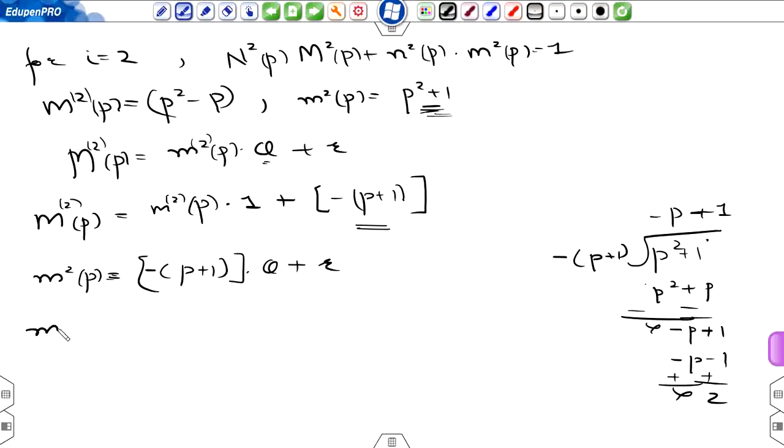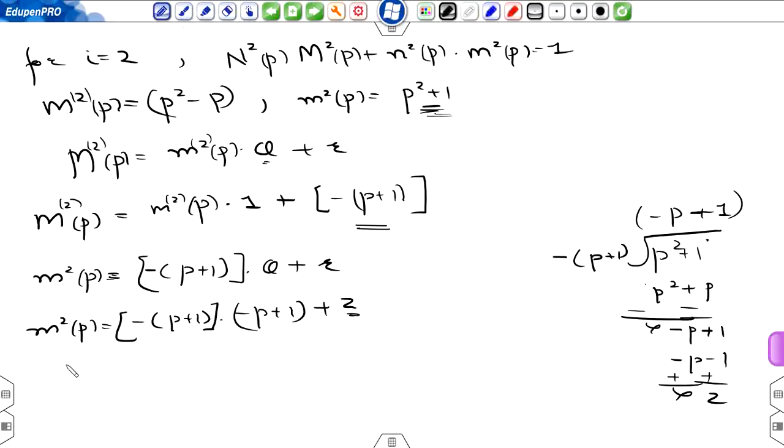Okay, so small m2p is product of minus p plus 1, quotient is minus p plus 1 bracket plus remainder, that is 2. So this remainder is not a function of p, so stop at this point.